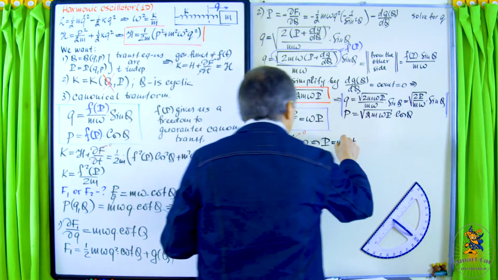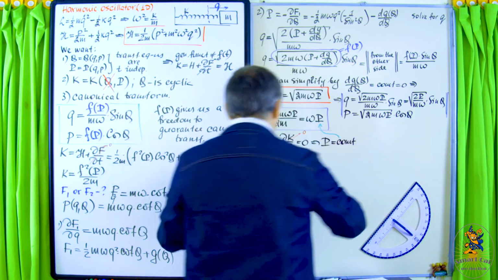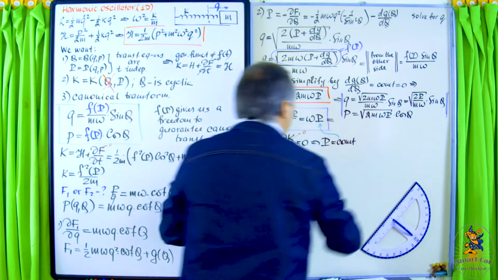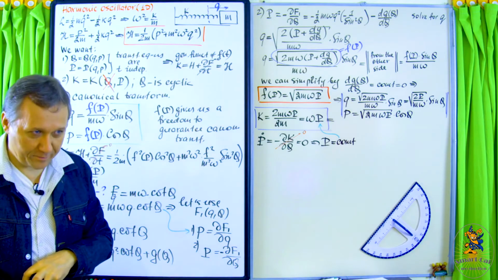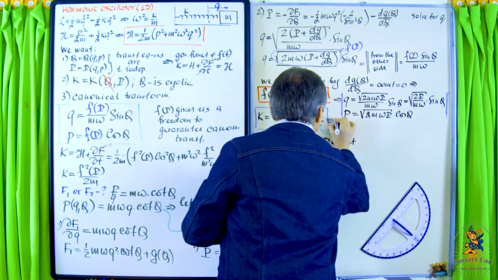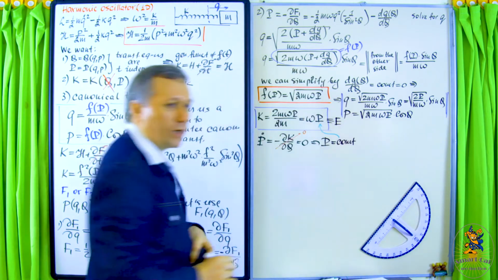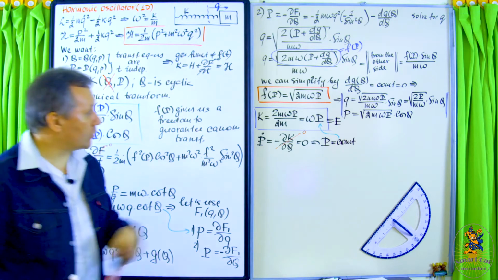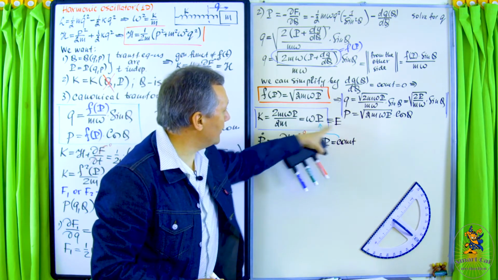Now I can use that constant in the Hamiltonian, and as a result, I can introduce the constant over there, E capital. I can put three lines. That's where I'm going to introduce a new constant. So as a result, now I can write P equals E over omega.